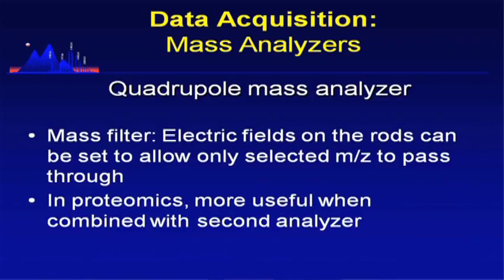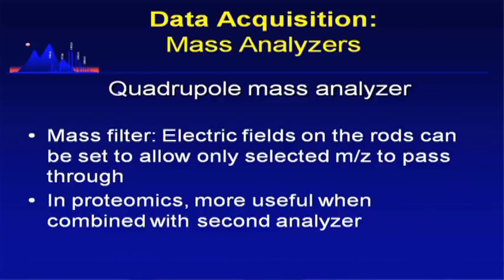All right. The next type of mass analyzer that I'm going to talk about is called a quadrupole mass analyzer. This was probably one of the earlier mass analyzers to be developed, and it acts as a mass filter. It literally is 4 rods, which is where quadrupole comes in, 4 poles.